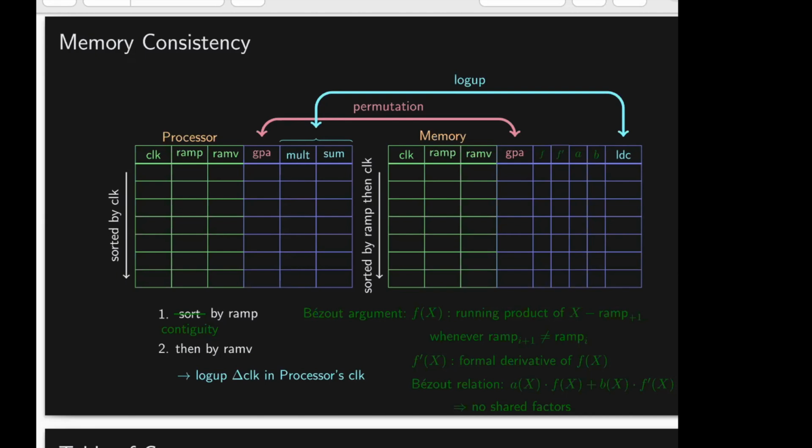And by the way, the processor records all clock cycles between 0 and the number of clock cycles that it ran for. So this difference has to live in the clock cycle column of the processor. And so we just prove that using a logup argument.